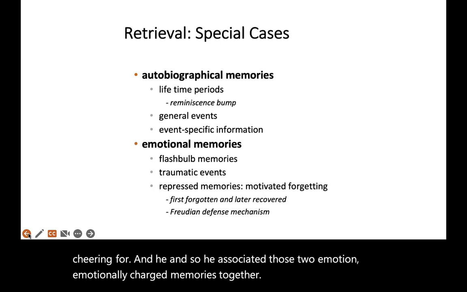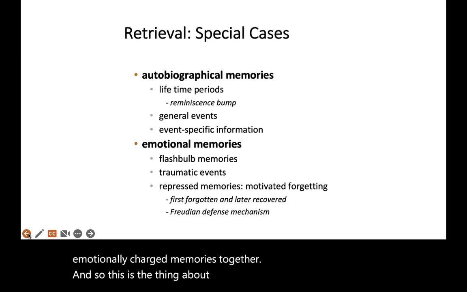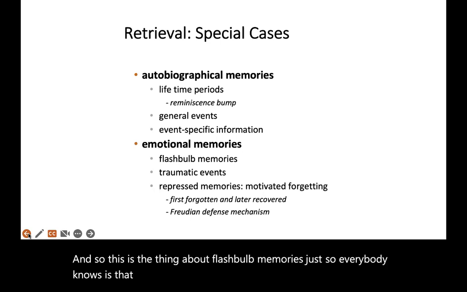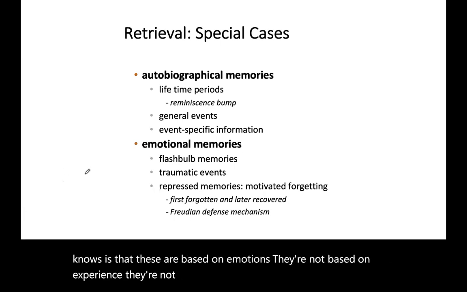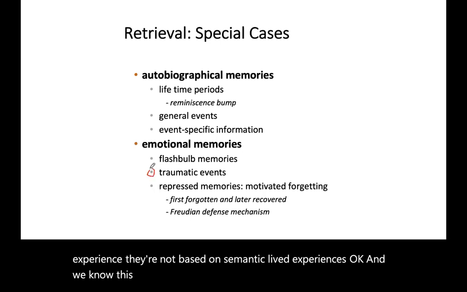And so this is the thing about flashbulb memories, just so everybody knows, is that these are based on emotions. They're not based on experience. They're not based on semantic lived experiences, okay? And we know this can be true for very traumatic events, all right?